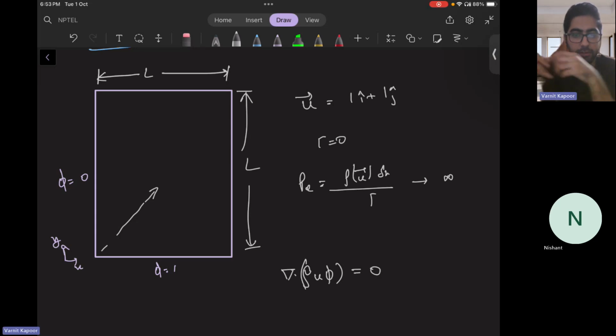So we have the scalar phi given as 0 on the left vertical boundary, and on the horizontal boundary phi is given to be 1.